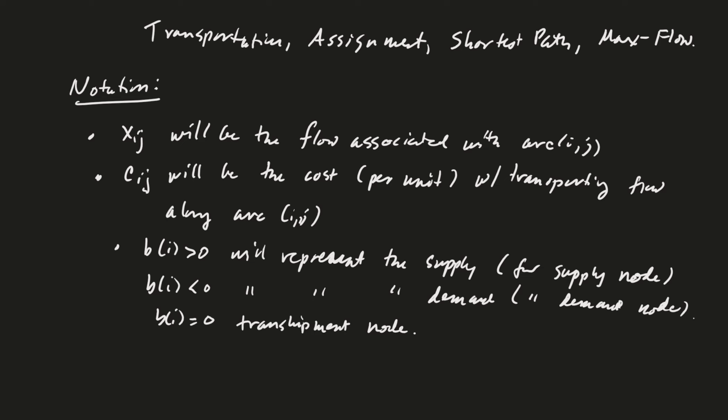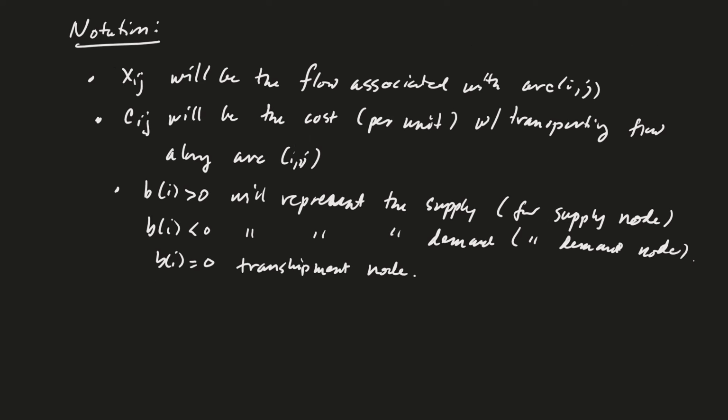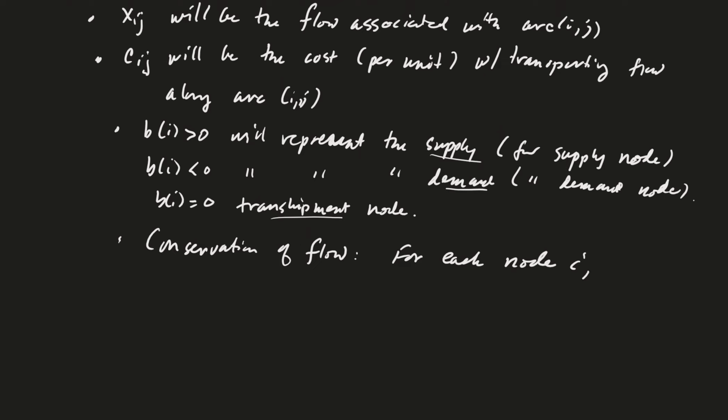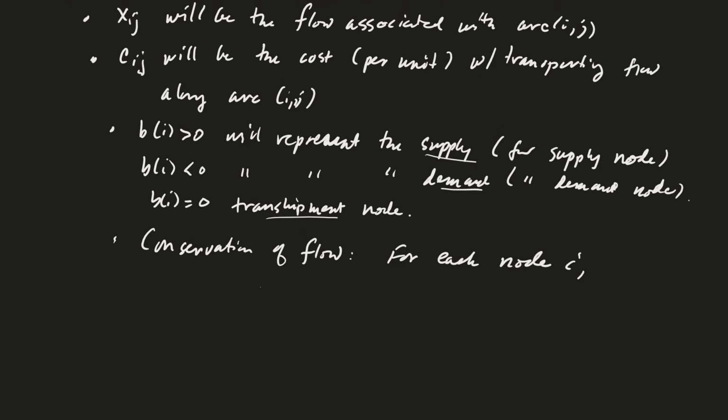Lastly, we talked about conservation of flow on the nodes before, but now we have a different conservation of flow because we have these supply, demand, and transshipment nodes. We have to take that into account. For each node i, before we just said that outflow must be equal to inflow, but now we'll take the inflow over to the other side.